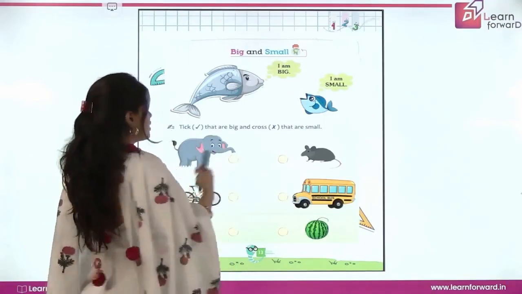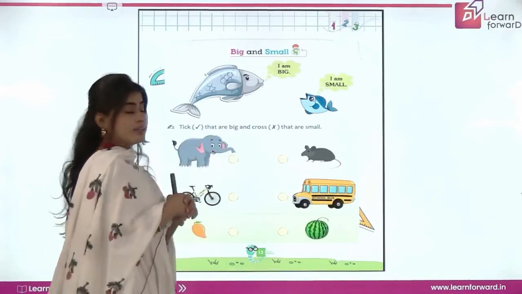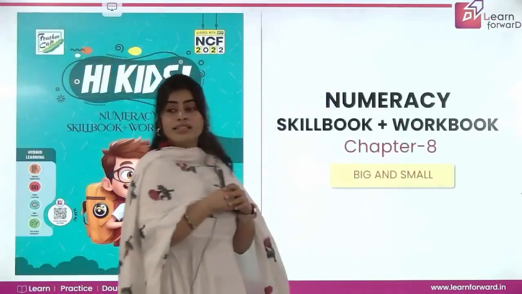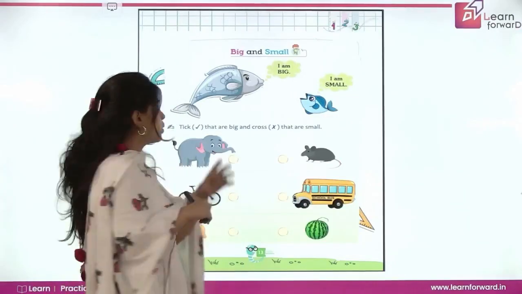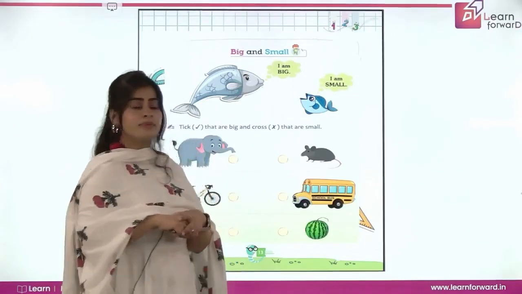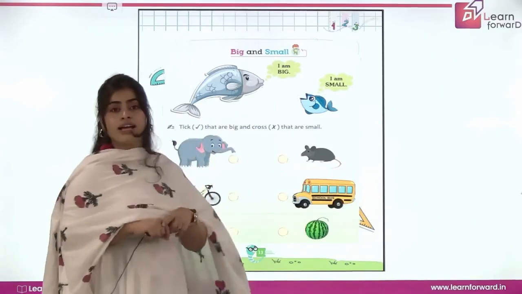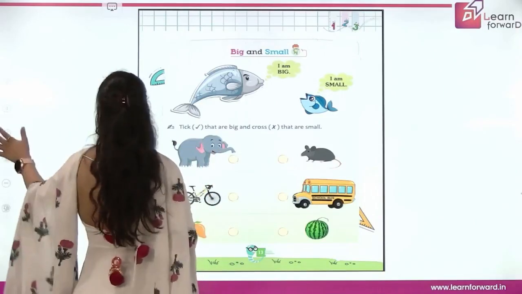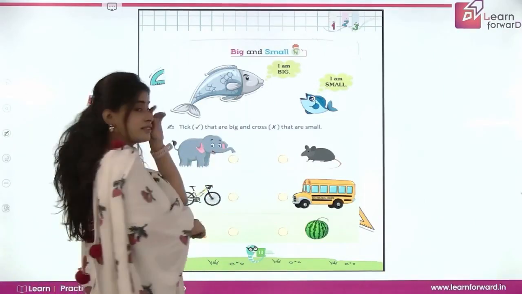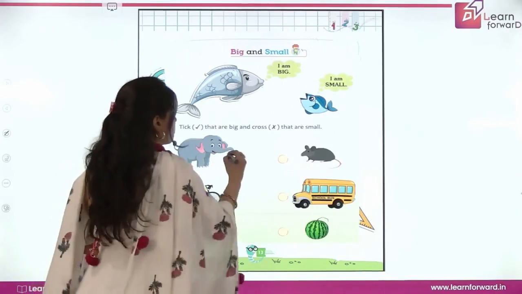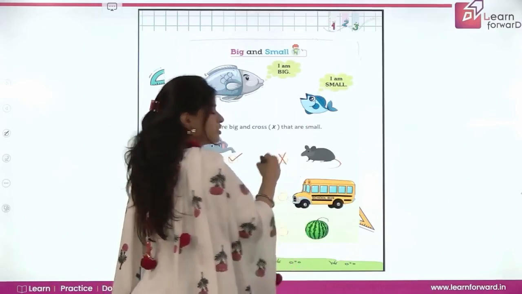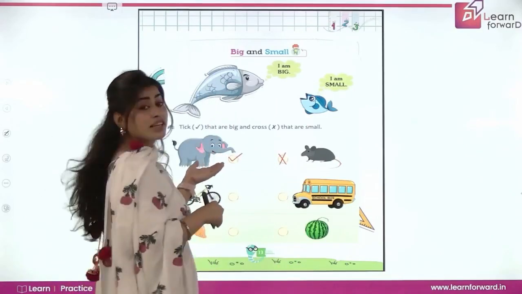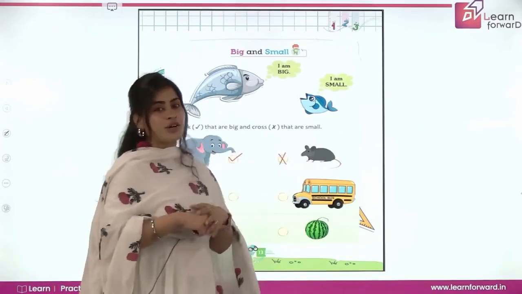So, look here, it's an elephant and this is a rat. Can you tell me which one is the biggest? Elephant or rat? I think elephant is big. So, we will put a tick mark on elephant and a cross on the rat.